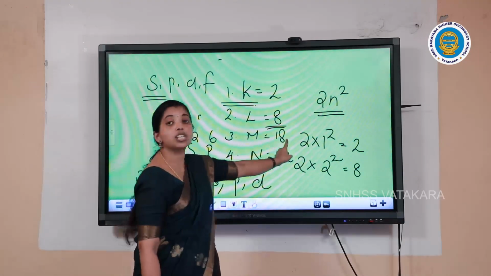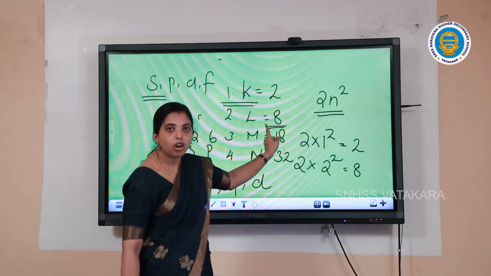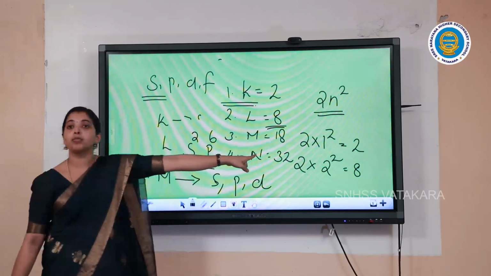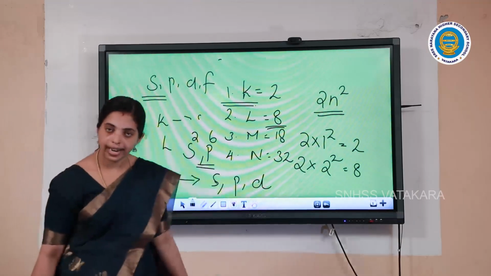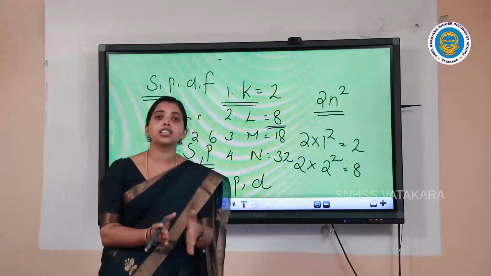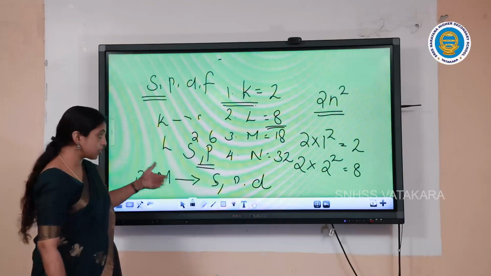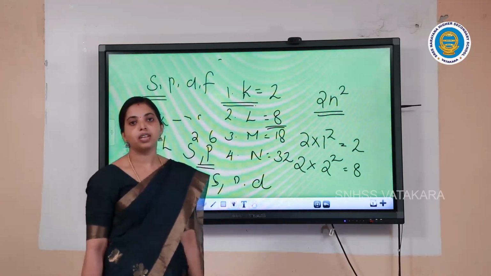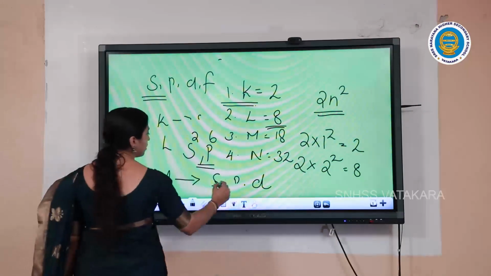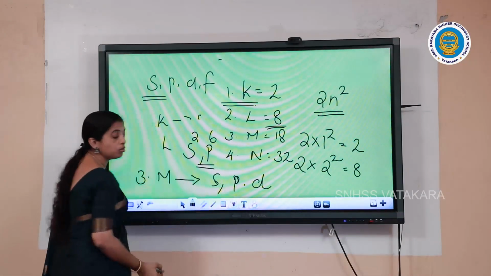Total number of electrons in M shell, how much is it? 18. Very good. These 18 electrons are distributed into these subshells. How?